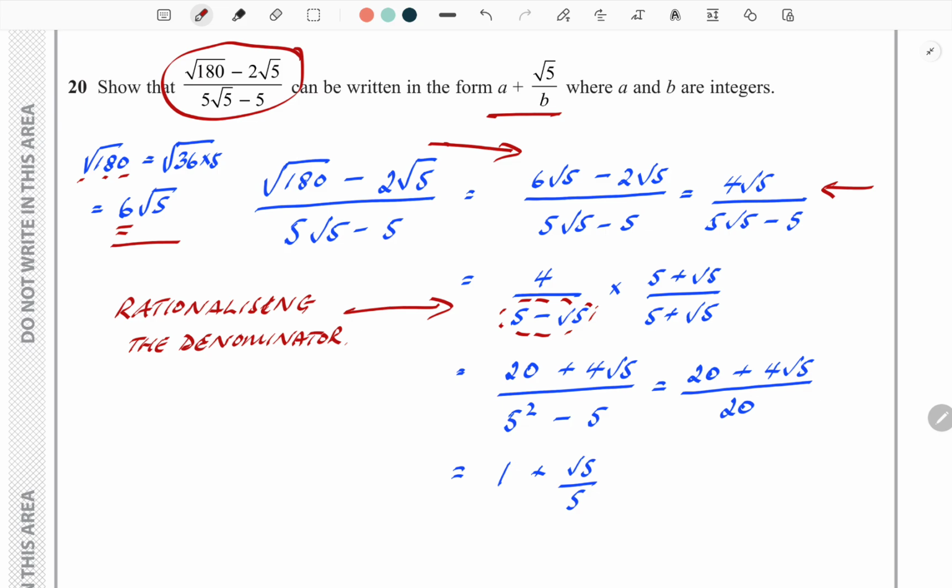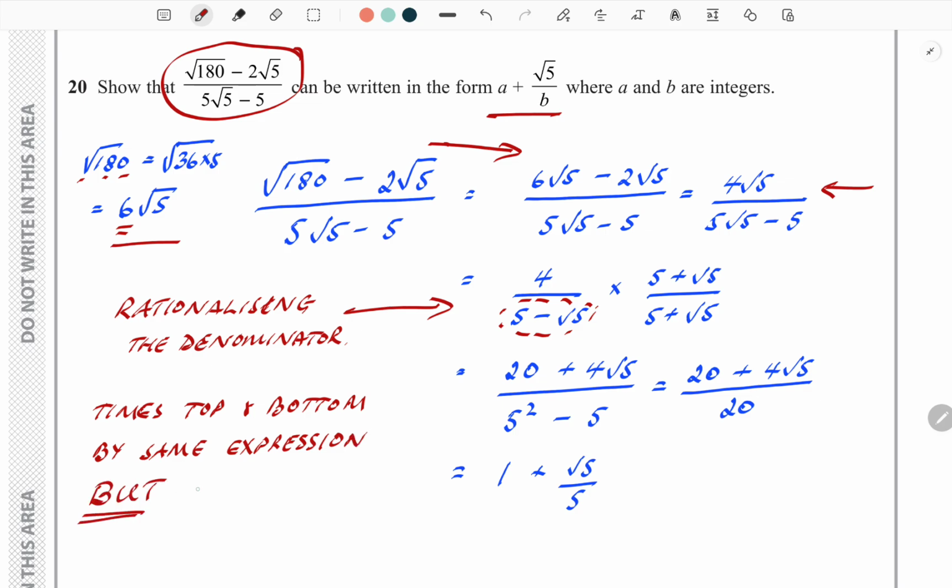The thing is, multiply top and bottom by the same expression, but, that's the important thing, with the sign reversed.